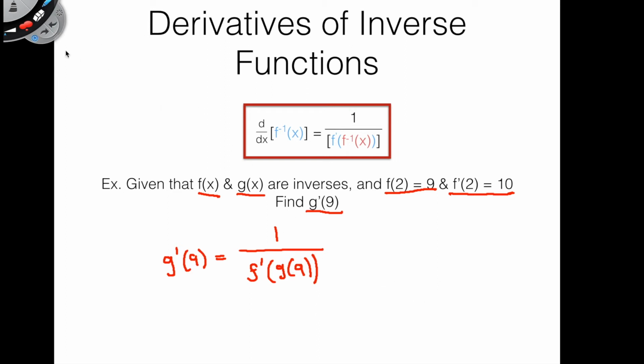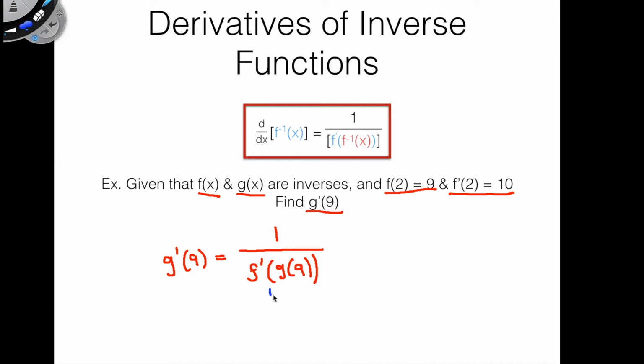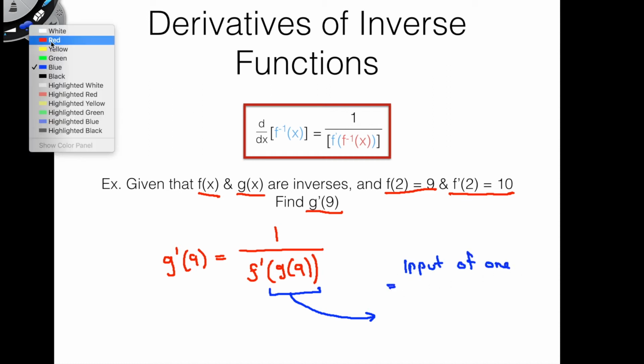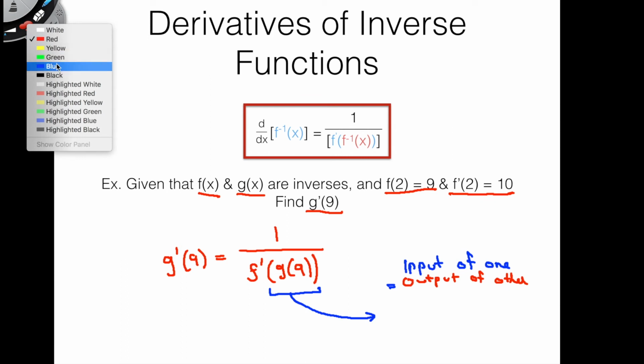Now, what do I do to find g of 9? My information only says what f of 2 is and what f prime of 2 is, so I don't actually know how to find g of 9. Here's the fun thing you need to know. If you recall, with inverse functions, the input of one equals the output of the other. What you plug into one function is what you naturally get out of the other.